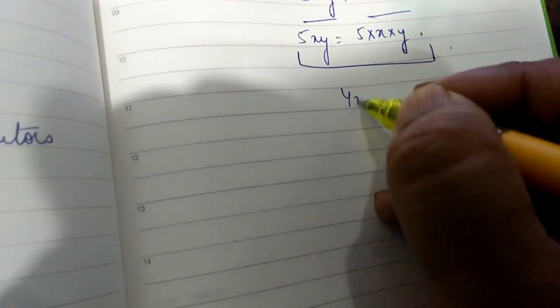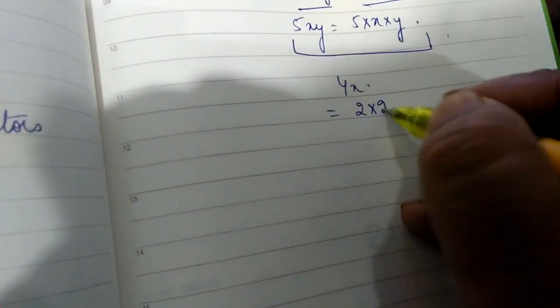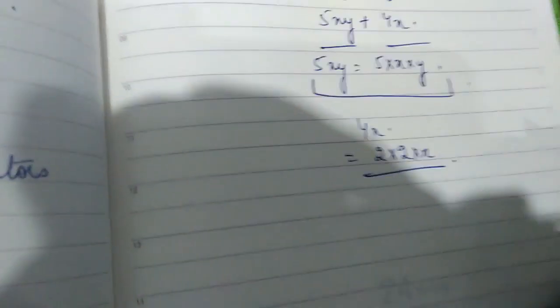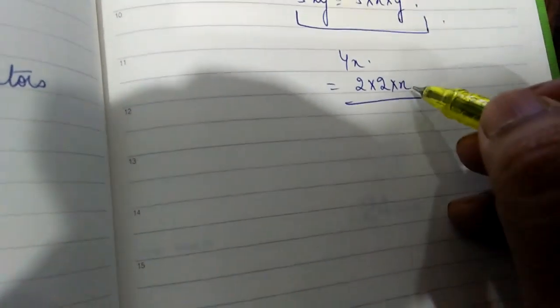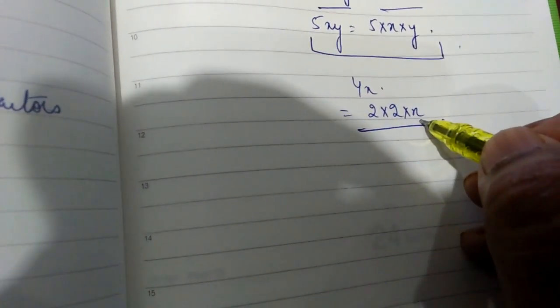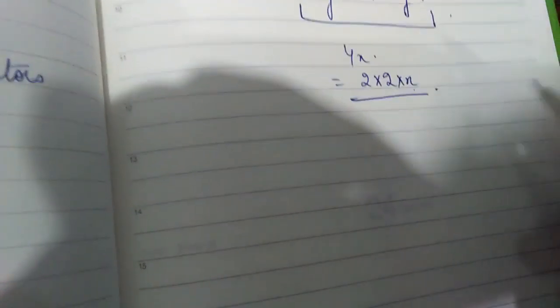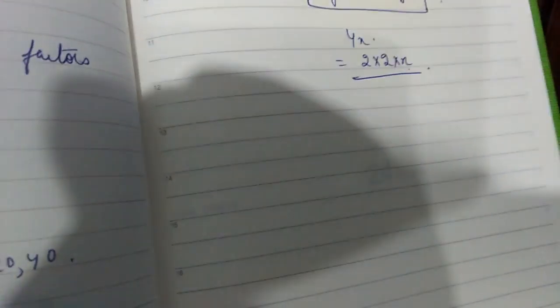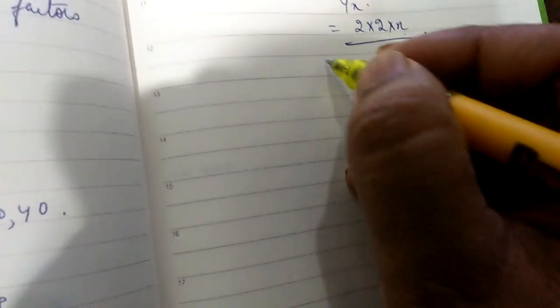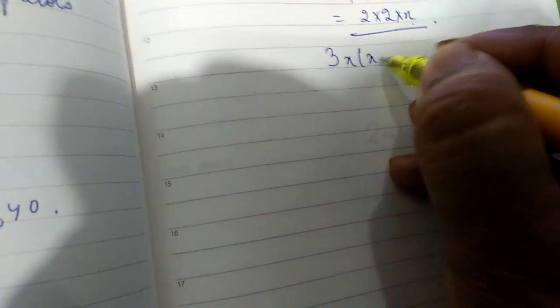Similarly 4x, so 2 into 2 into x. This is the prime factor form and it cannot be split any further. So 2 and x are factors of 4x. 1 is also another factor of it. So let's say we have 3x into x plus 3.